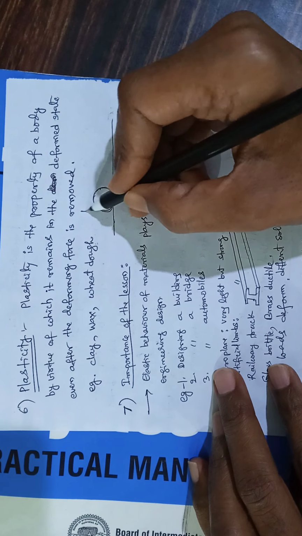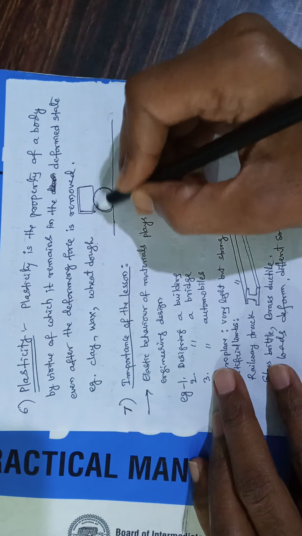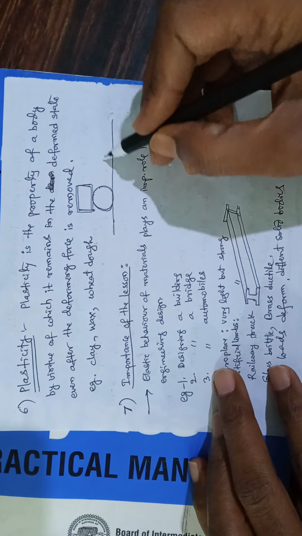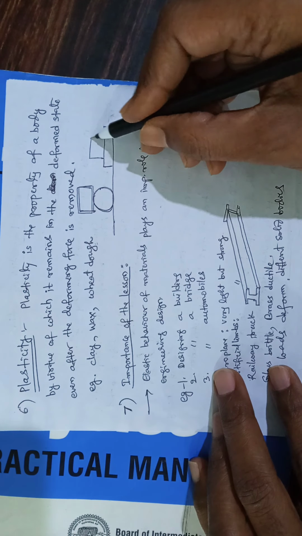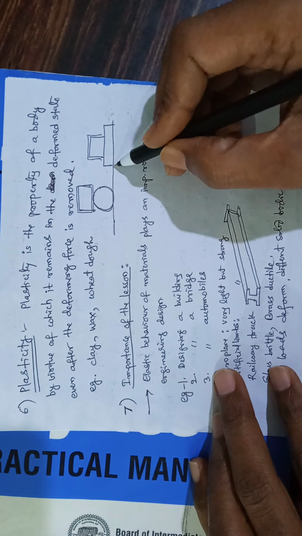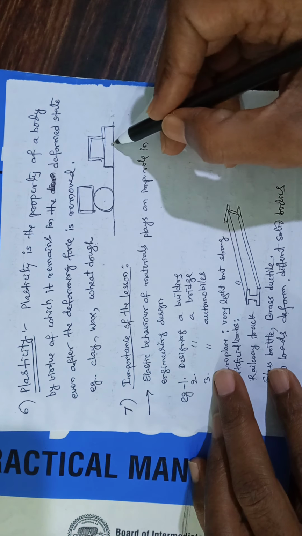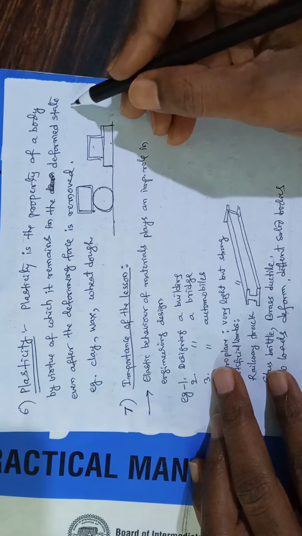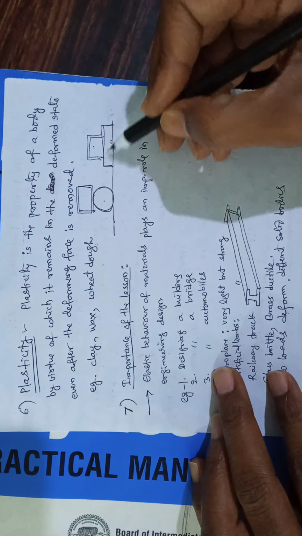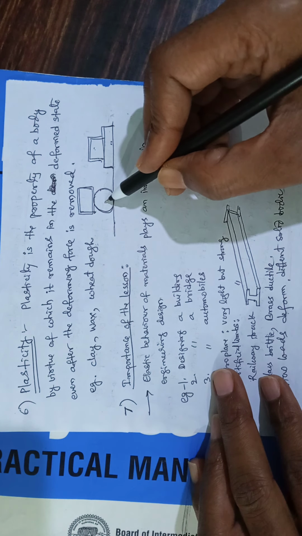On that you keep a 5 kg weight. It becomes like this. So it has deformed. If you remove the weight, it doesn't come back to its original shape. This property is plasticity.